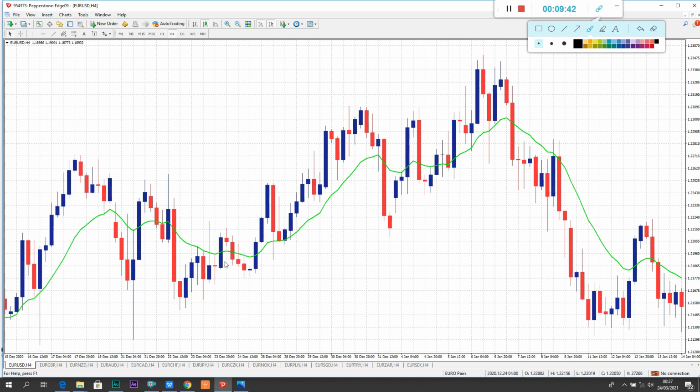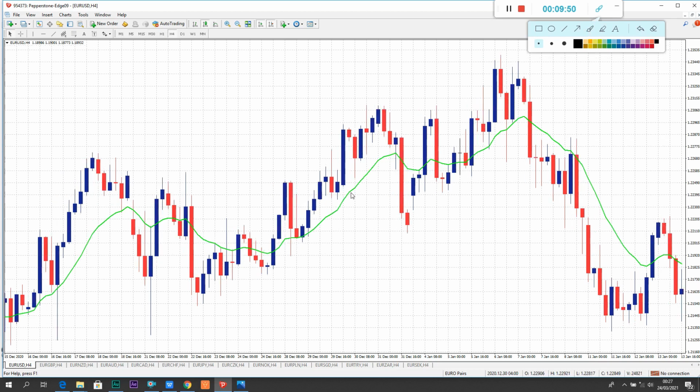But we have seen that when the price closes above the moving average, it keeps going up, and when the price closes below the moving average, it keeps going down.